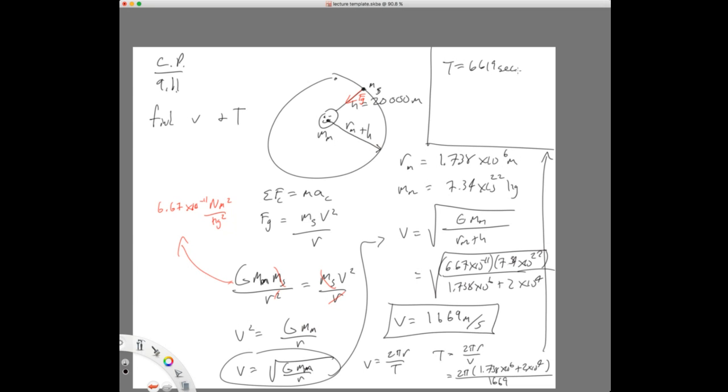So if I multiply by 1 hour over 3,600 seconds, because that's how many seconds there are in an hour, we get 1.84 hours. So that's how long it takes the satellite to make an orbit around the moon. Okay, questions?